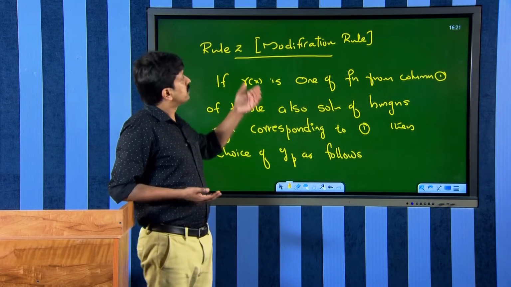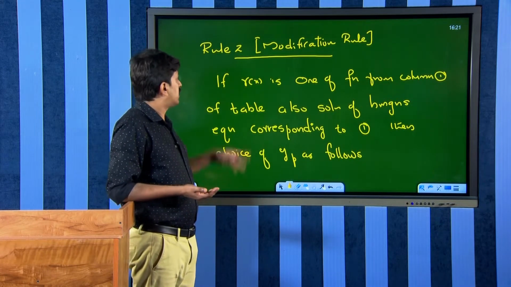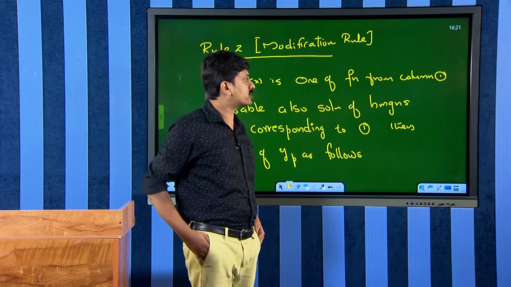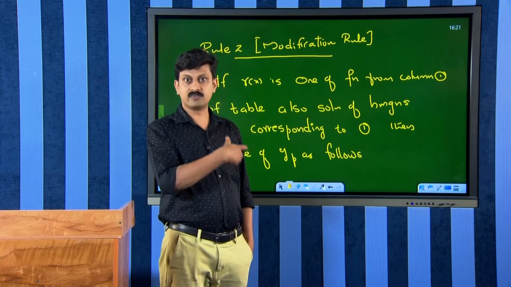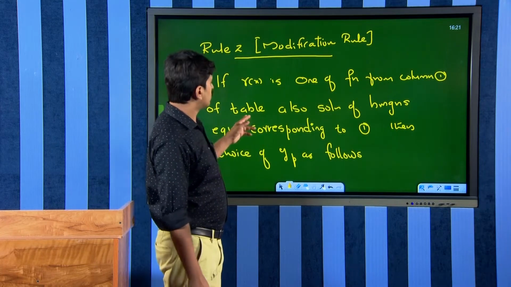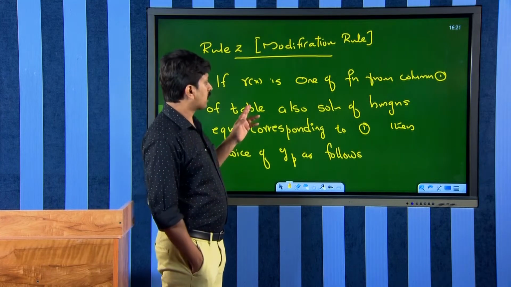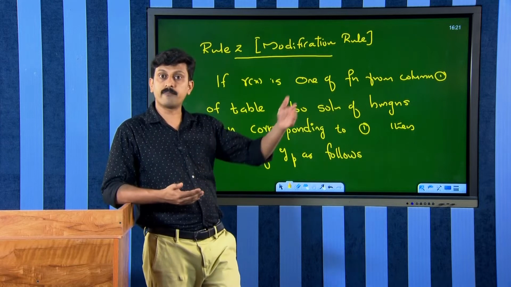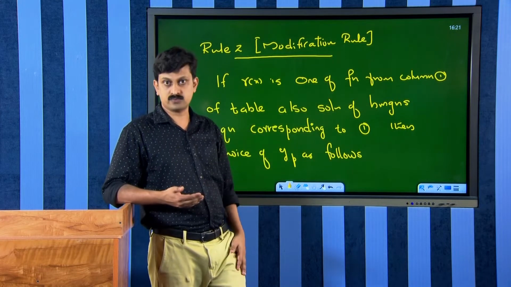Here in this modification rule, the non-homogeneous part r of x is one of the functions from column 1, and the corresponding homogeneous equation has choices for y p that we discussed in column 2.